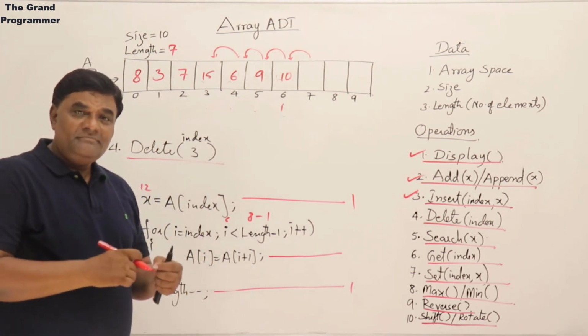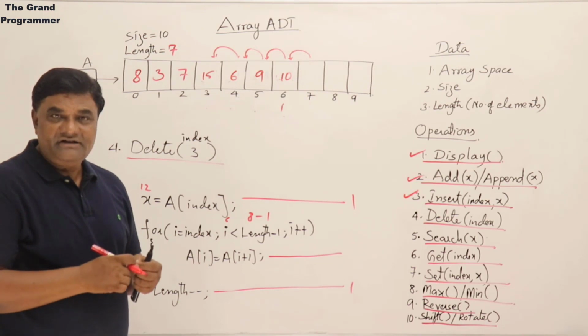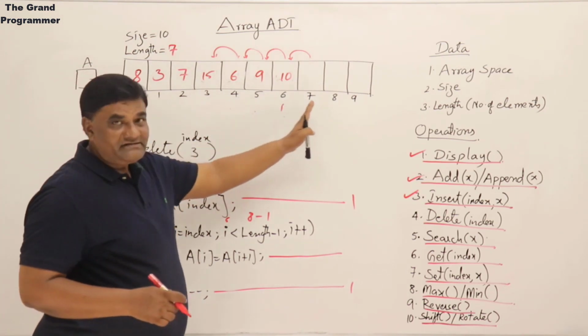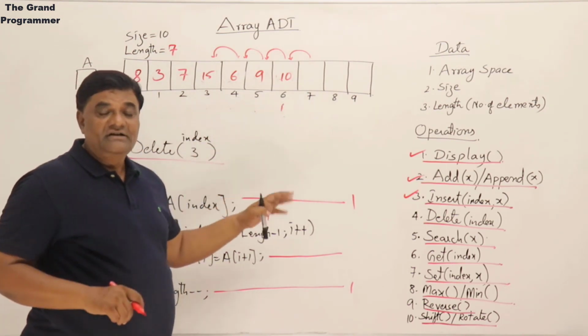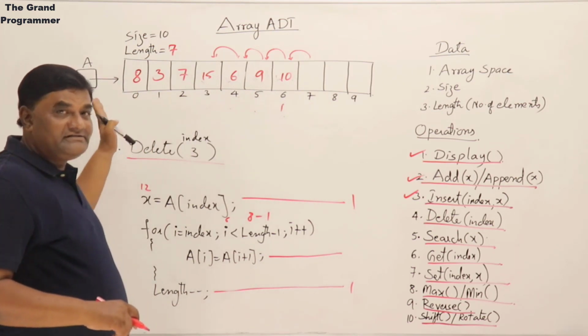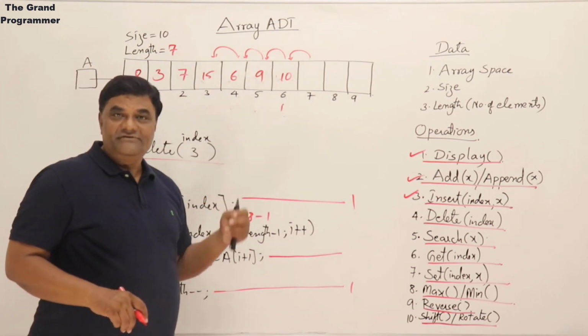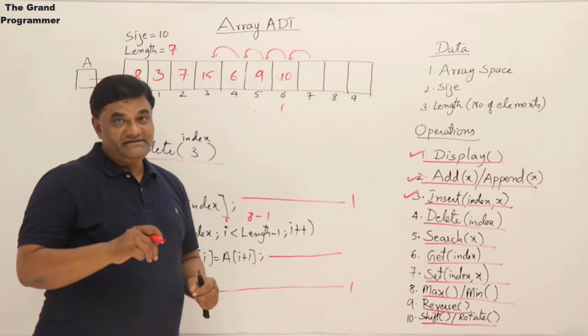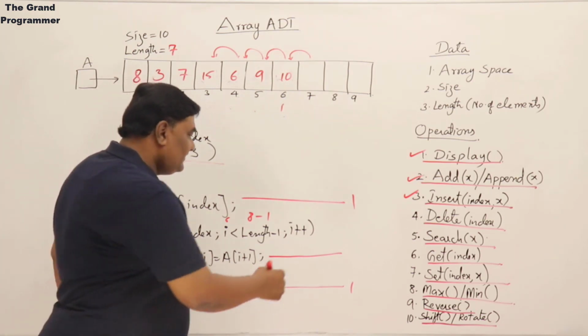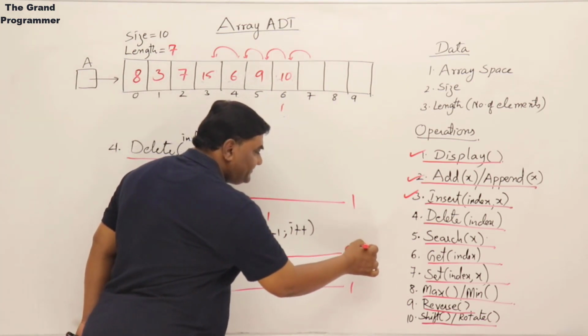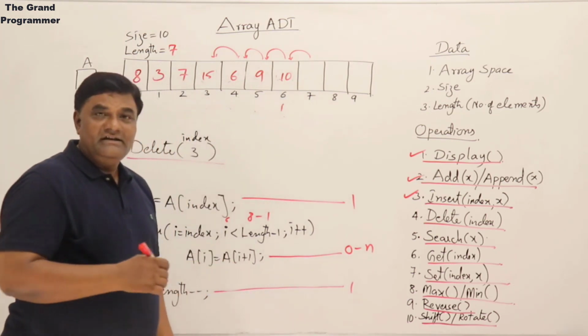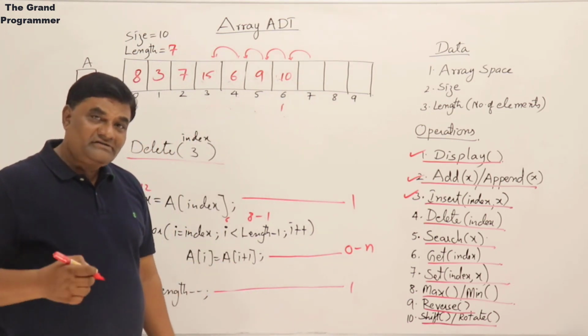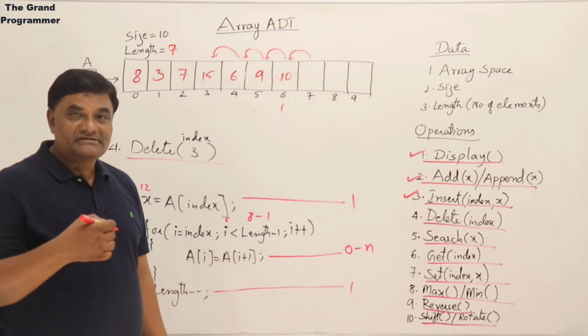Minimum 0 elements are shifted if I was deleting the last element, then nothing has to be shifted. If I am deleting the first element, that is index 0, then all have to be shifted. So minimum shifting is 0, maximum shifting is n. So again, the minimum time is a constant and the maximum time is n.